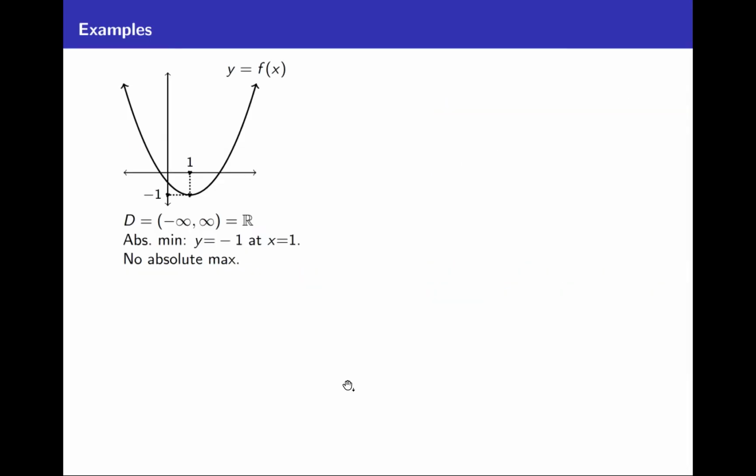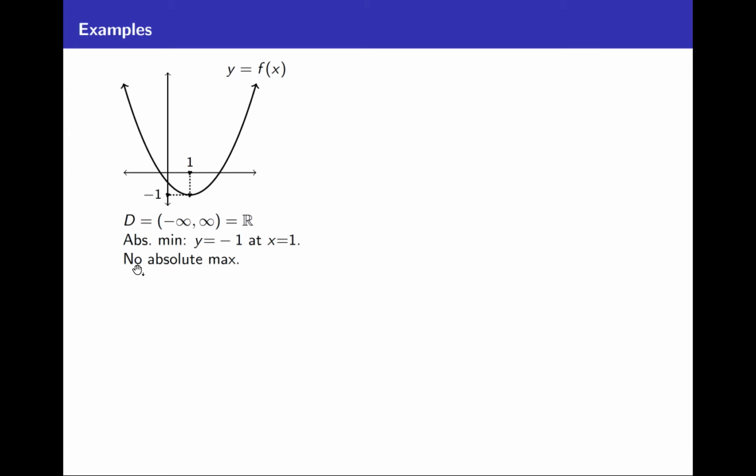A few other examples. Here's a graph of an f of x. It's a parabola. The domain D here is the interval from negative infinity to infinity, so it's the whole real number line. So it's an infinitely big graph, and that's what the arrows mean. We have an absolute minimum at the y value of -1, and that happens at x equals 1.